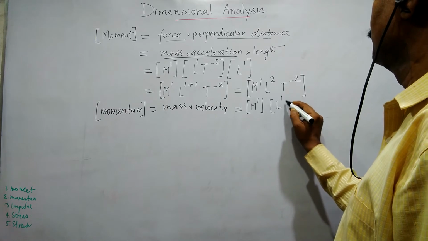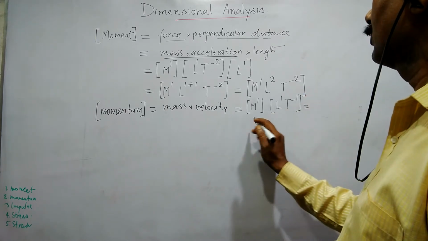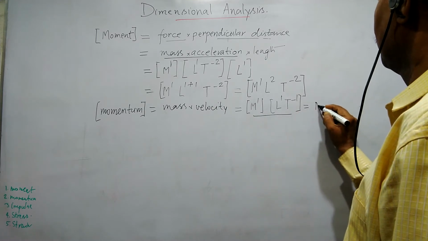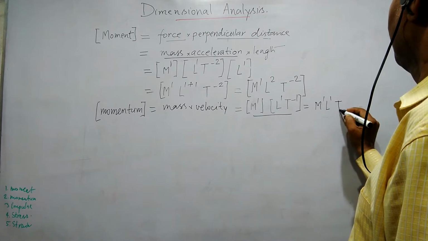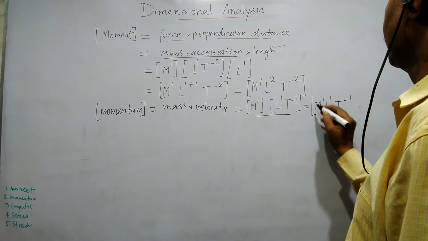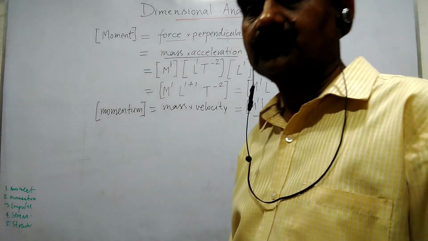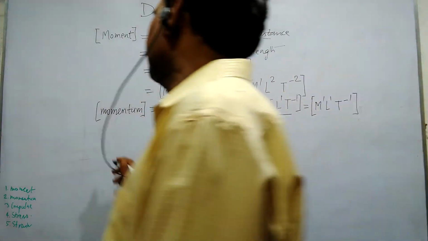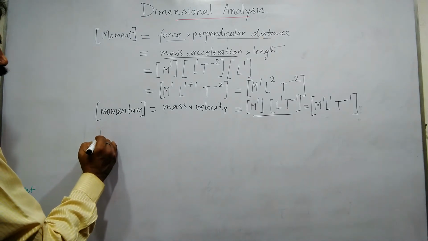Velocity is L to the power 1, T to the power minus 1. Now combine it: M to the power 1, L to the power 1, T to the power minus 1. This is the dimensional formula of momentum.